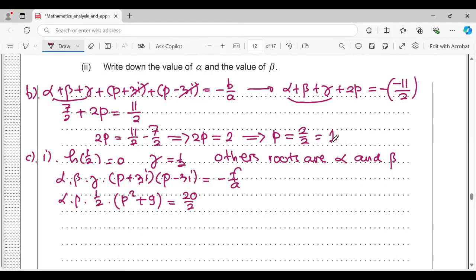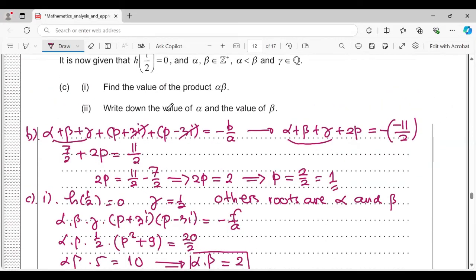And recall that p equals 1, so alpha beta times 10 times half equals 5. It equals 10. So alpha times beta equals 10 over 5 equals 2. This is alpha times beta.